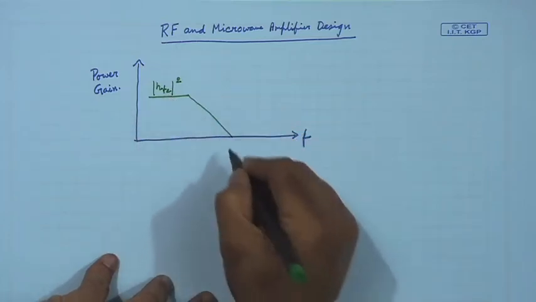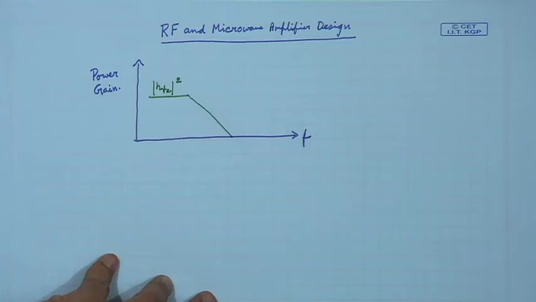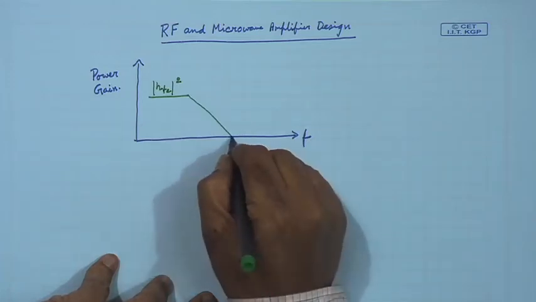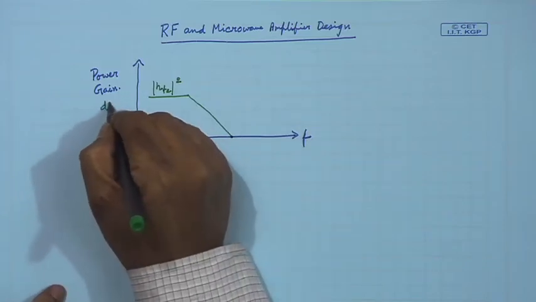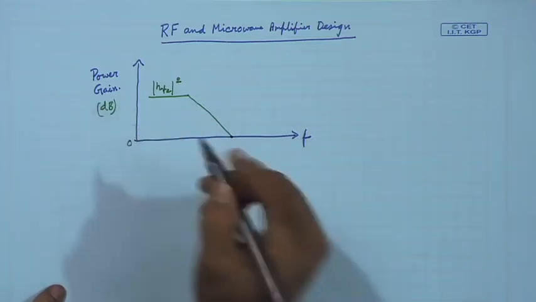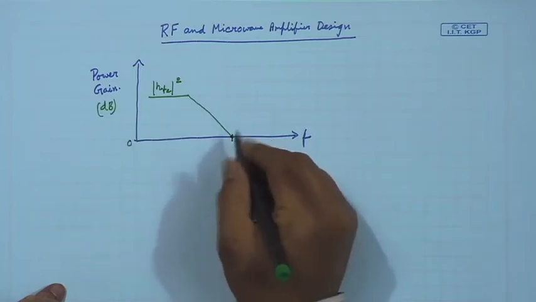Now, generally the power gain becomes, if we express this in dB scale, then at 0 dB, that means 1, value of 1 power gain.